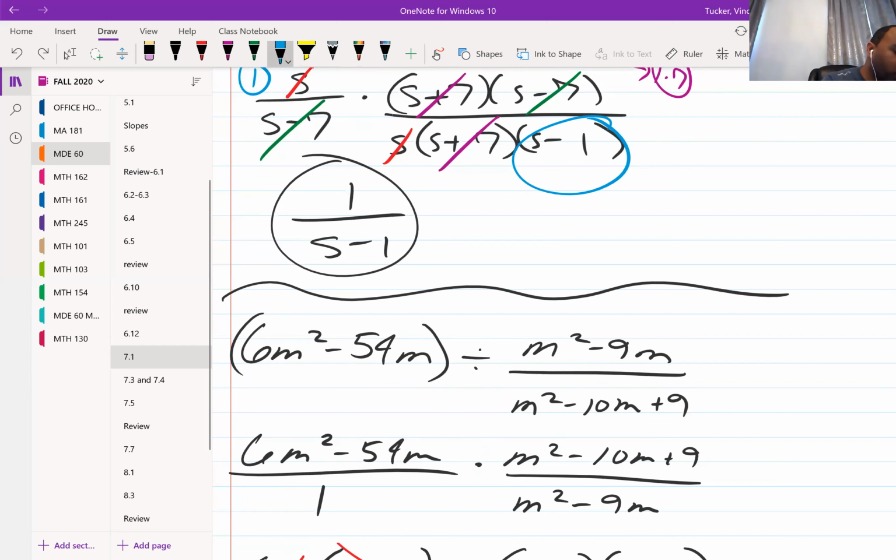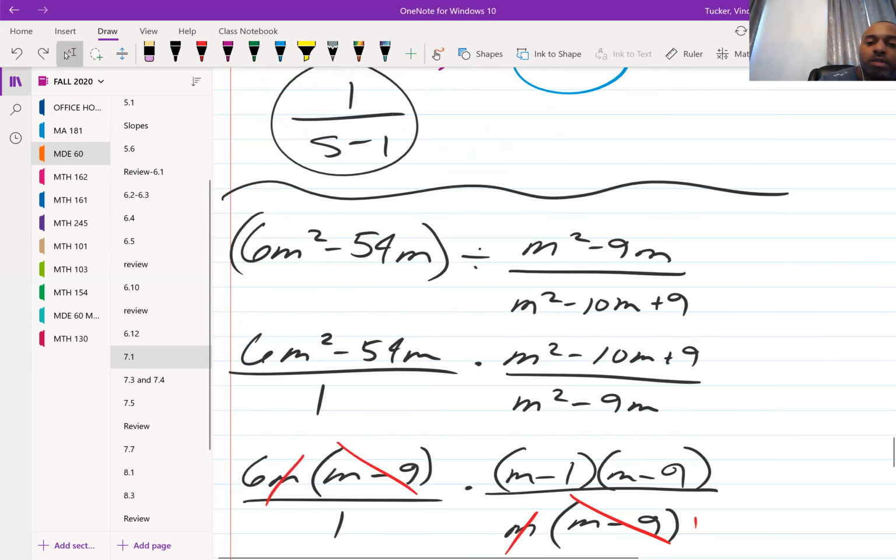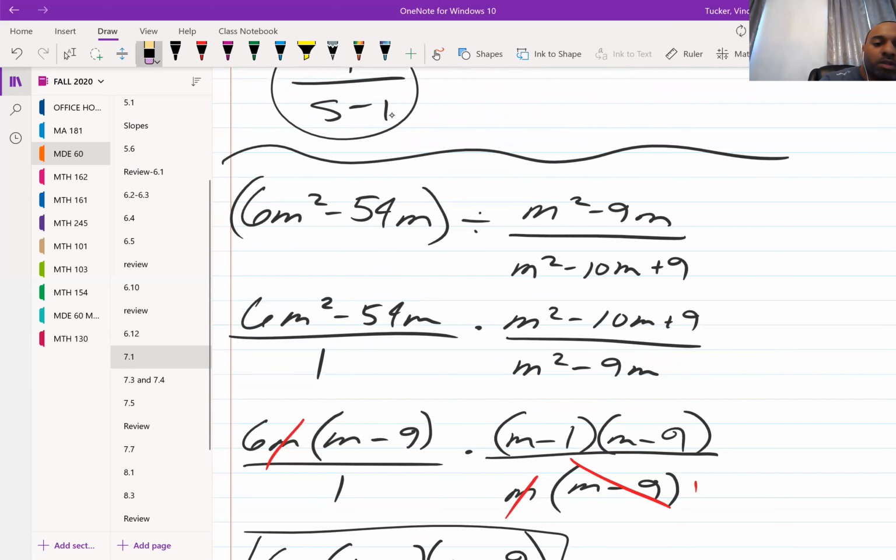All right. Now we want to factor out each one. So I factored out 6m from each term here.